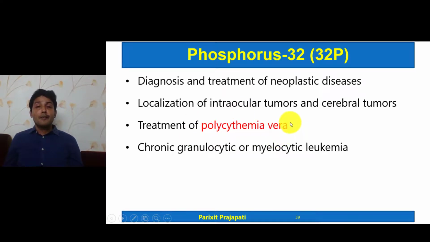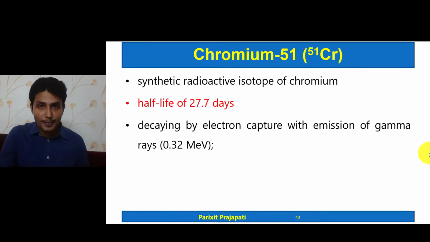Polycythemia vera is related to blood cancer. So in the treatment of blood cancer, chronic granulocytic or myelocytic leukemia. So in simple words, phosphorus 32 can be used in the treatment of blood cancer.